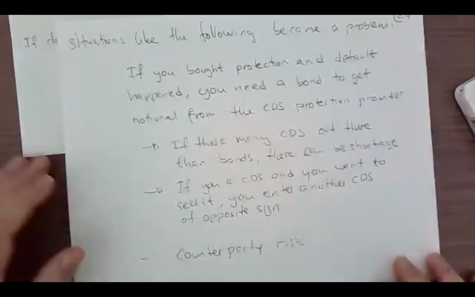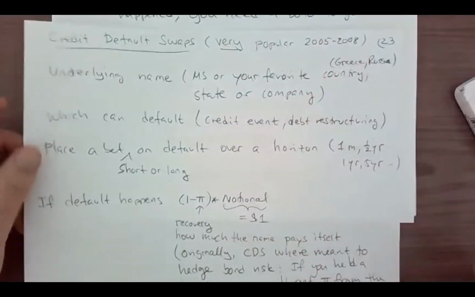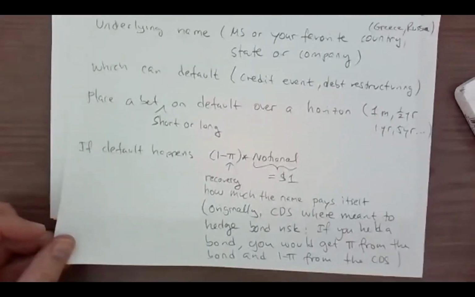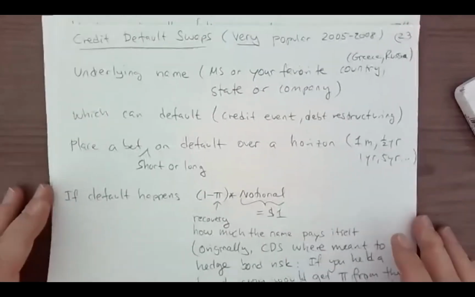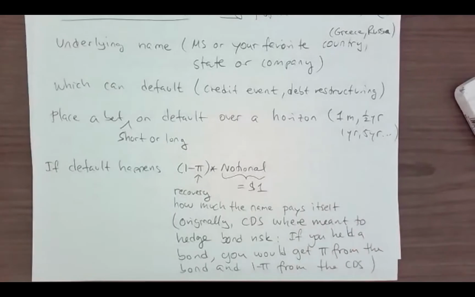But this is how the world was in 2005 to 2008. CDS contracts were extremely popular contracts, and it's a bet on somebody defaulting. You can take one of the two sides: either you provide protection in case of a default, or you gain from it.